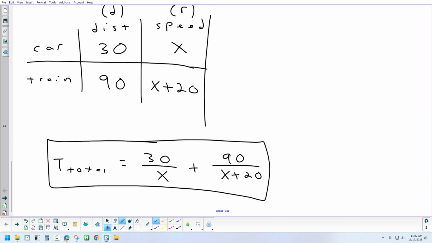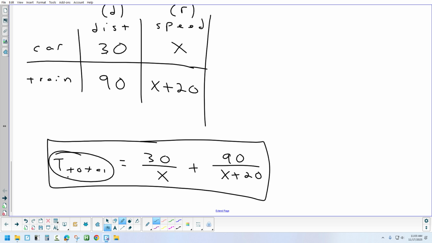Now, if we're thinking of it in terms of a word problem, x is the speed of the car. Practically, that means x could only be as small as what number? 0. Right. It can't go any lower than 0. And the dependent variable, the y, is time. Time can't go any lower than 0.